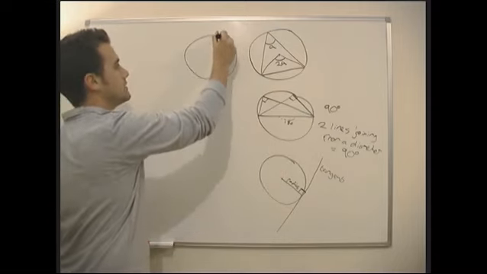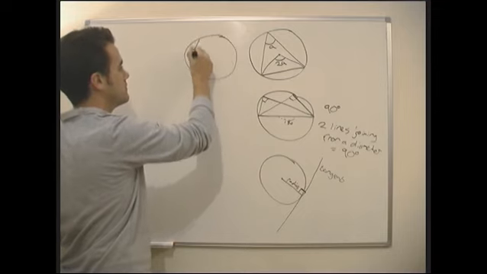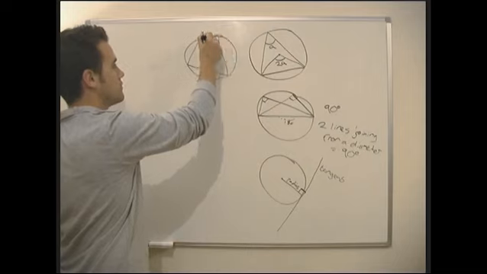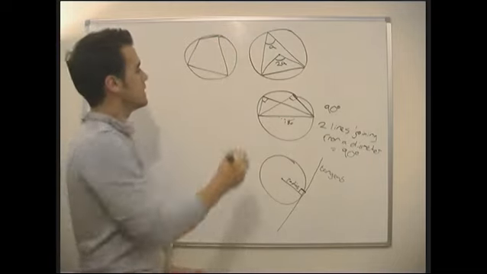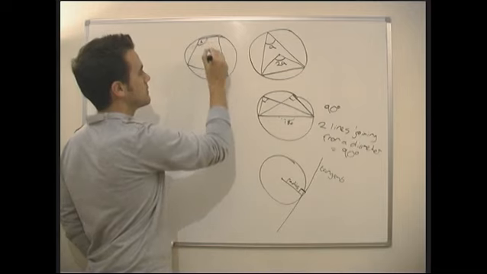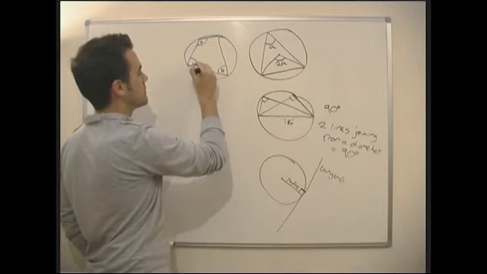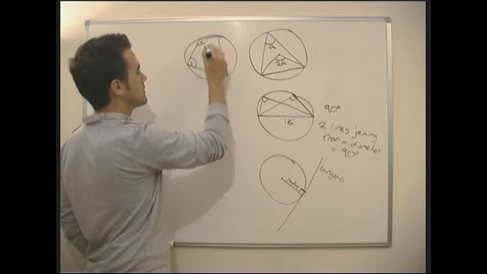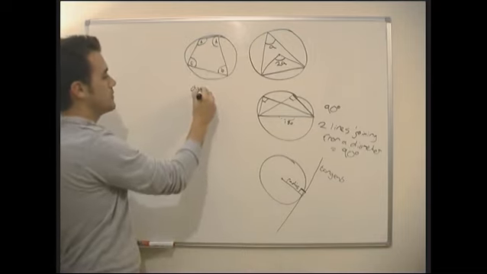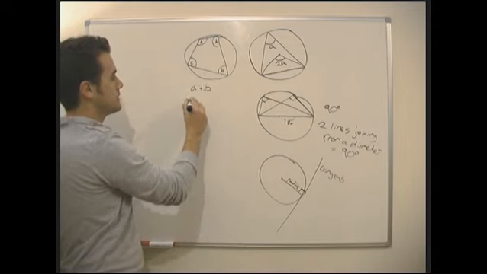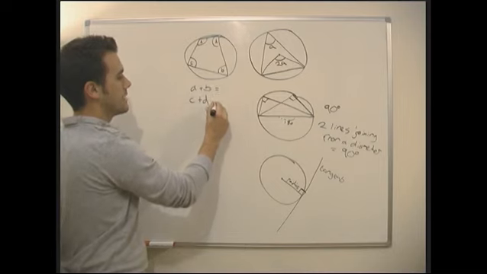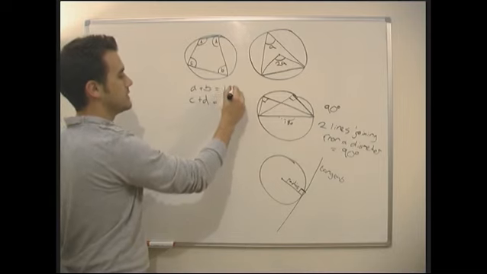If you create a quadrilateral, any quadrilateral, in a circle, the opposite angles, so A plus B and C plus D, have to add up to 180 degrees.